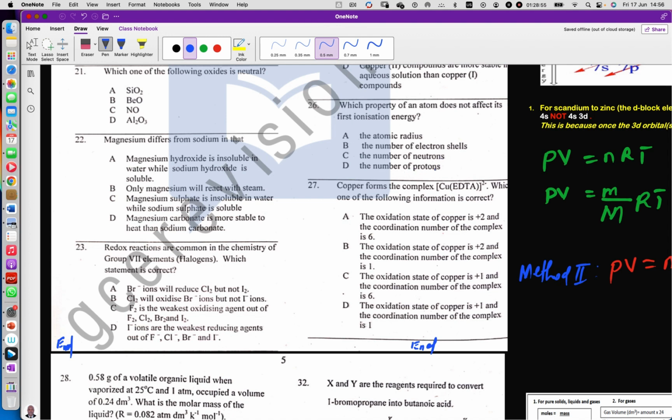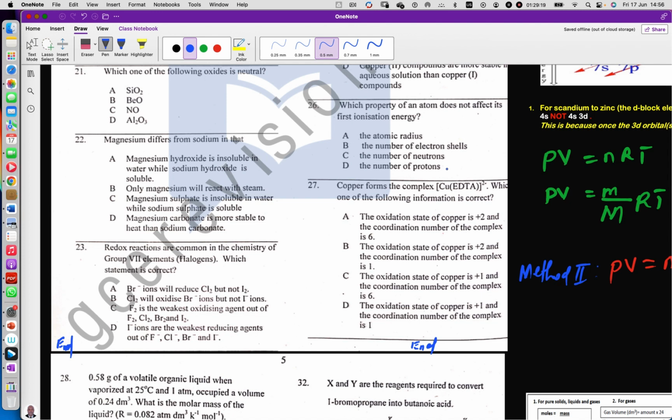The number of protons will affect the ionization energy, because the number of protons in the nucleus will balance the number of electrons, and that results in the charge.